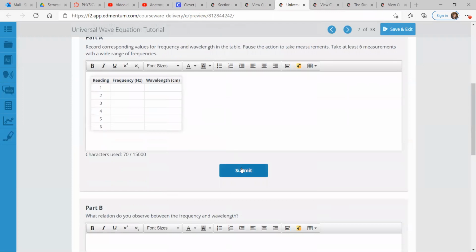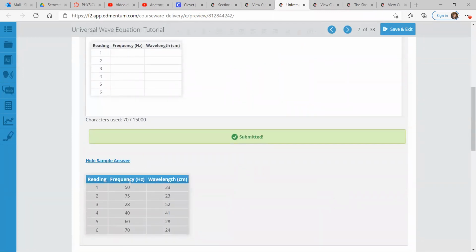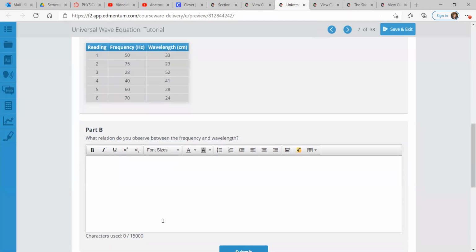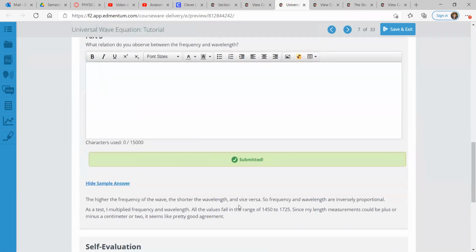Anyway, part A, you're supposed to put the frequency at different hertz and then measure the wavelength. And these should be about what you get. So what's the relationship between the frequency and the wavelength? The higher the frequency of the wave, the shorter the wavelength, and the longer the wavelength, the lower the frequency, okay?